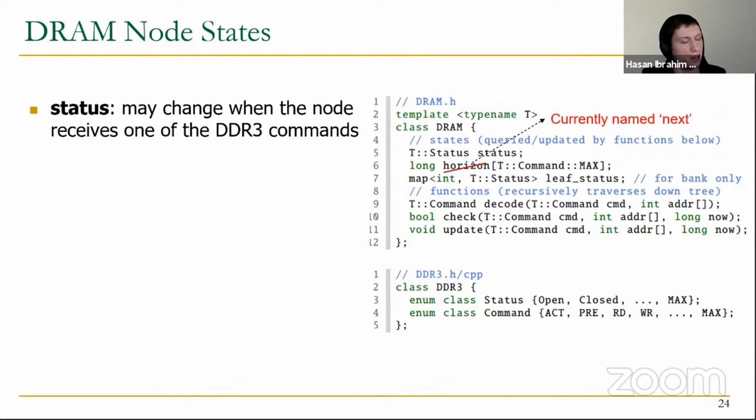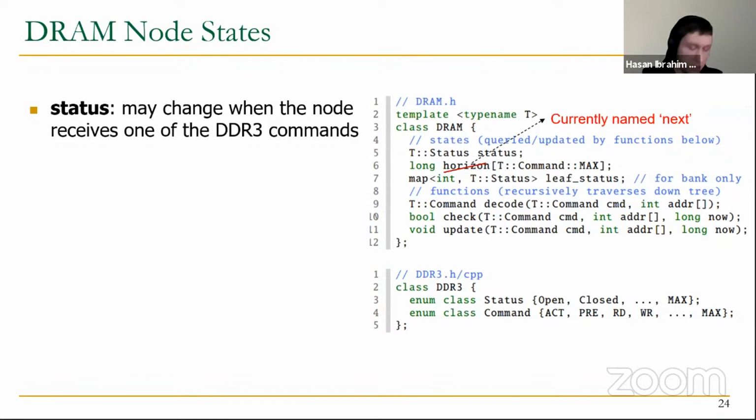It indicates whether this DRAM bank has an activate issued, so it has a row that is open, so it can perform a read or write command. Similarly, the memory controller can check the status to determine whether it can issue a precharge command to close an open row. If there is not an open row, it doesn't make sense to issue a precharge command, right?